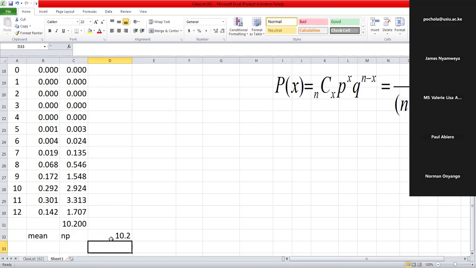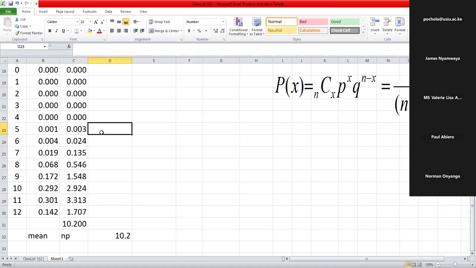So when you apply n times p, you get 10 successful surgeries. So for binomial, don't go this path. Just multiply n times p. You get the average number of successful surgeries in this case. So don't go this long path.